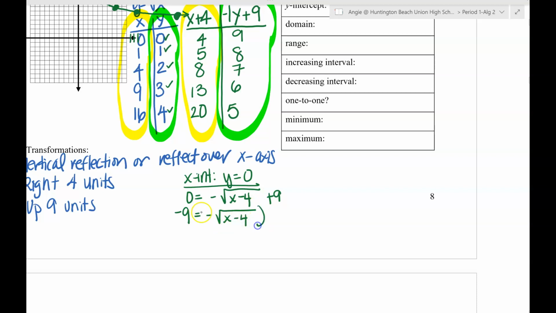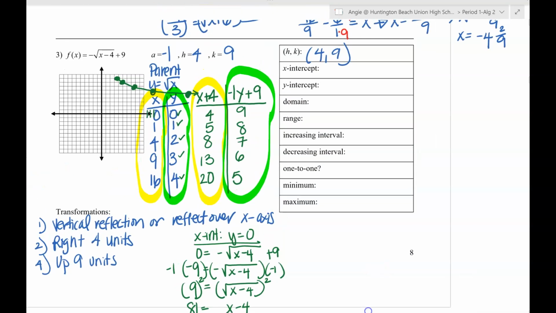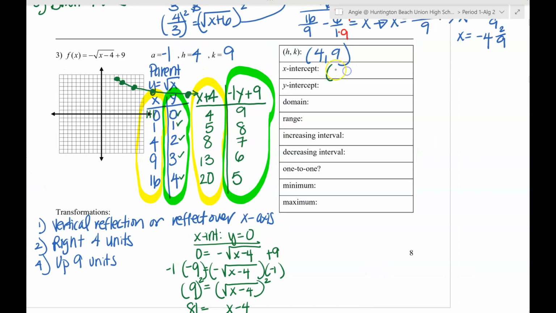To get rid of the negative, we will multiply both sides by negative 1. So this is now positive 9 equals square root of x minus 4. Square both sides. So this is 81 equals x minus 4. Add 4 to both sides. So now x is 85. This is why we don't see it on our graph. The function itself will intersect the x-axis at 85 units over. We don't have 85 tick marks, so that's why you don't see it.